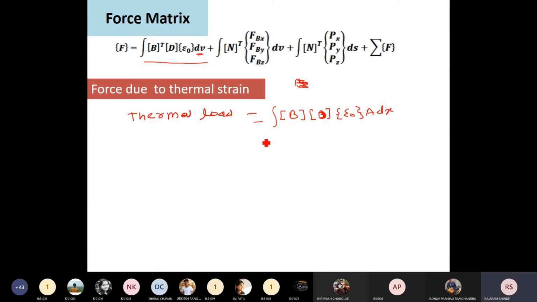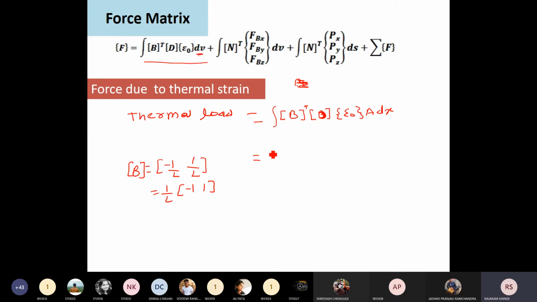Next one, this is B transpose. On the last slide I have calculated the B matrix, which is minus 1 by L, 1 by L. Now what we need is the transpose. So in the derivation I have taken 1 by L common, that is 1 by L into minus 1, 1.